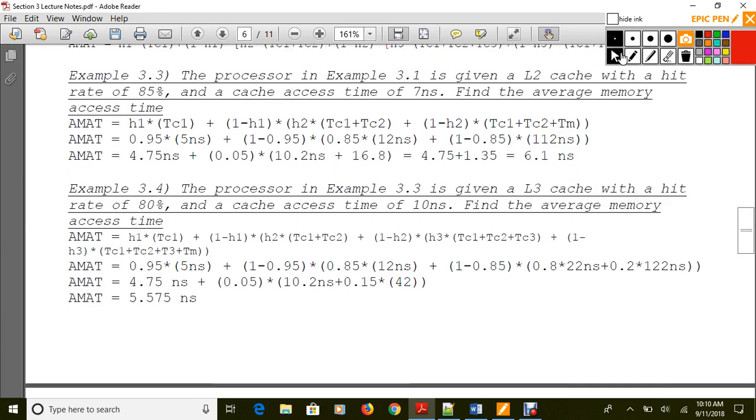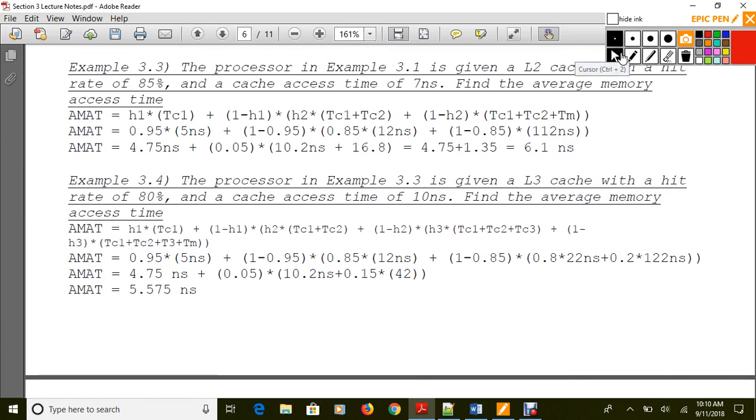And then likewise, level 3, we do the same thing. Plug it into the equation. We do the same thing as before, 0.95 times 5 nanoseconds. We miss 5% of the time. 0.85 times 5 plus 7 gives us 12 nanoseconds, plus 1 minus 0.85, that's the miss rate. And then we get to the hit rate here.